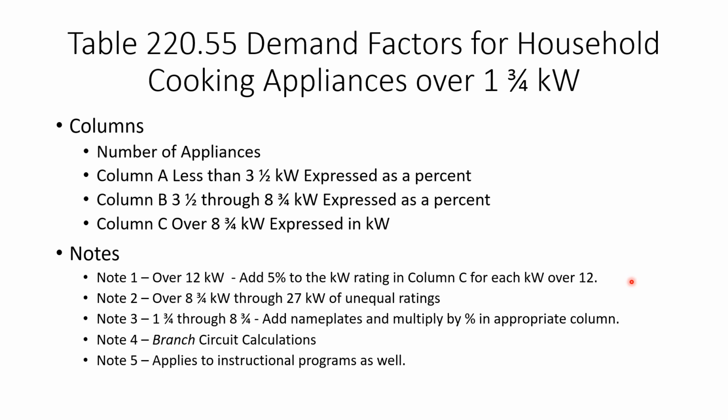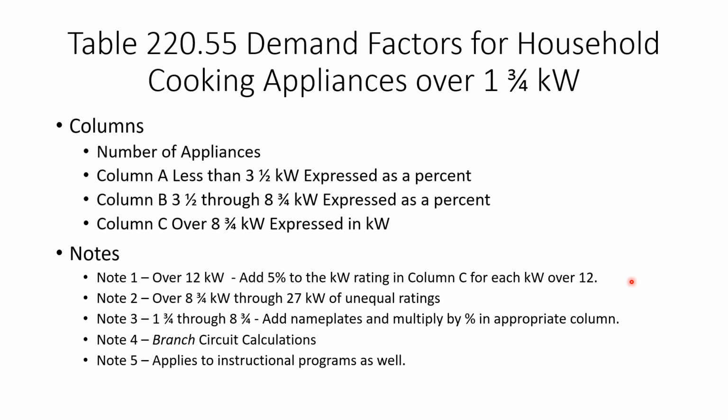So let's say you have a 14 kilowatt appliance, right? And let's just say we're dealing with one. So it's one appliance, left-hand column, one appliance. We go over to column C, and we pull out 8. Okay, 8 is a number off the table. All right. So we start with 8.